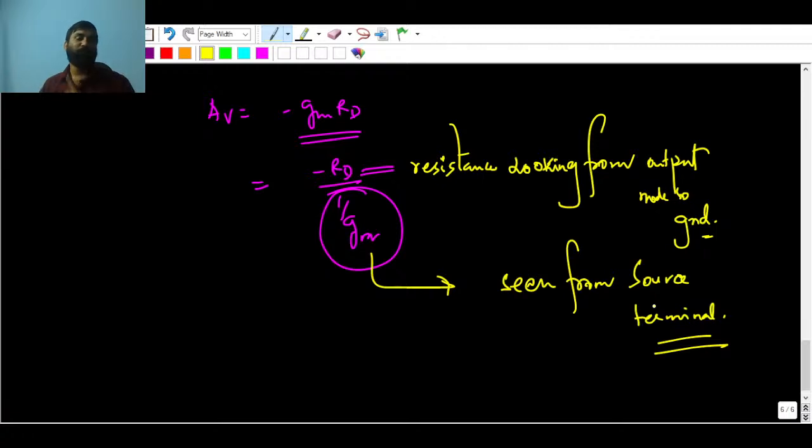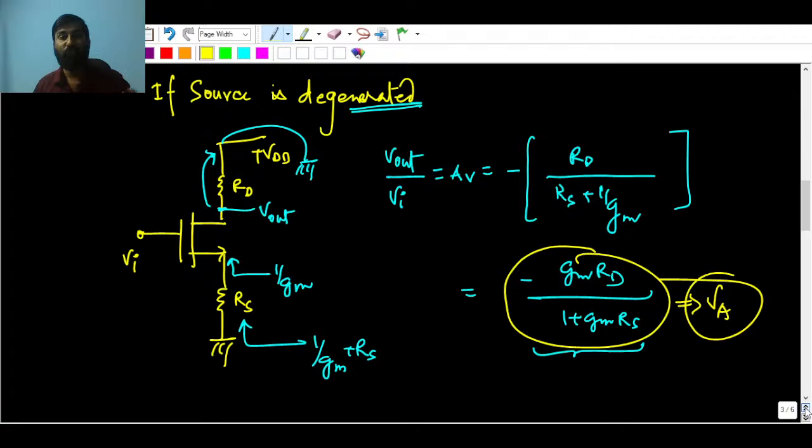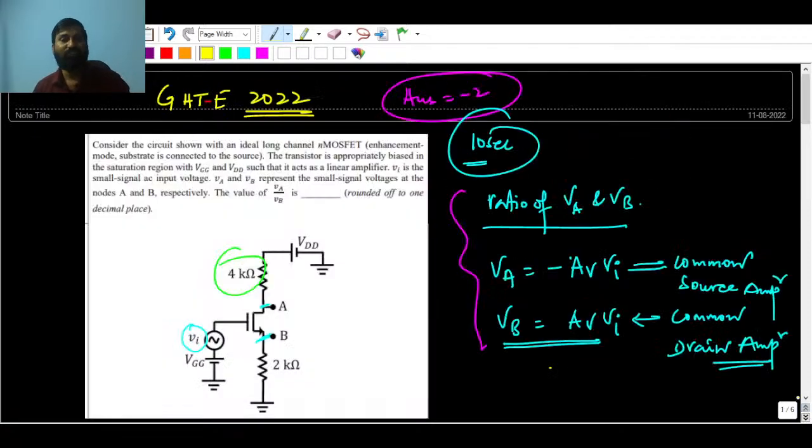I will be bringing more questions like this, which you can solve within 10 seconds, 20 seconds. This was the question from the GATE 2022 exam, and the answer is -2. I will bring more questions on analog, and I will show you that you can solve any question within 10 seconds, so you don't have to draw the small signal model all the time.